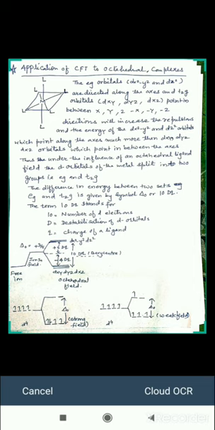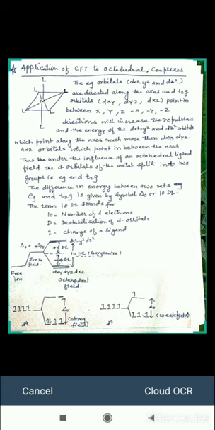So the energy in between the axis decreases. In the other figure you can see that dxy, dyz and dxz are at the lower level and dx square minus y square and dz square are at the higher level. So there is a splitting between the two sets, that is T2g and Eg.